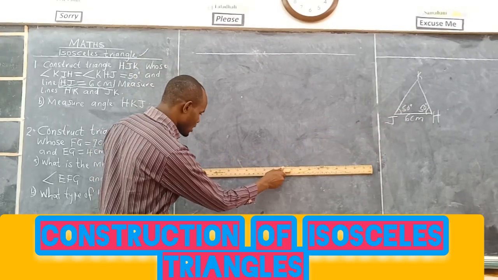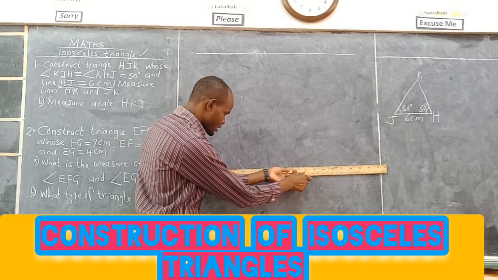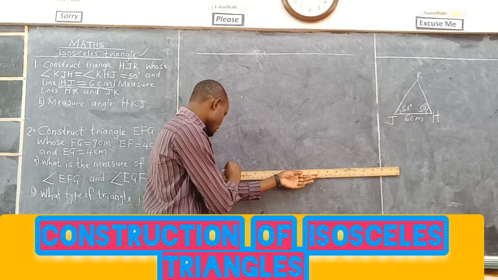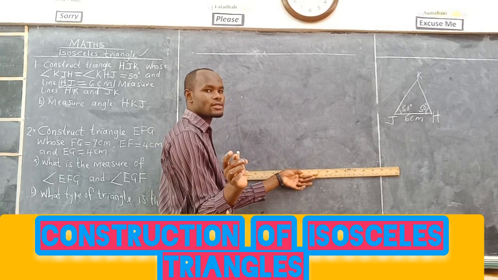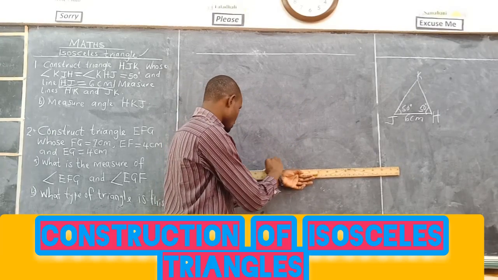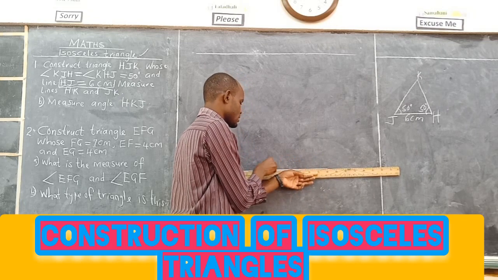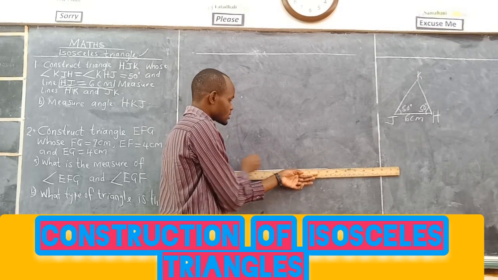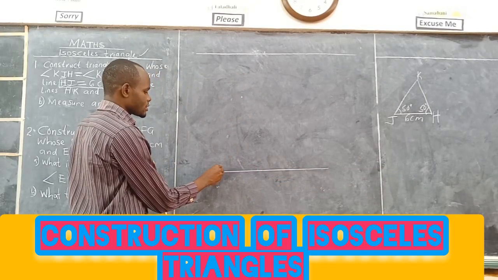Let us move together, my friends. Measure this at the center of your page so that you can draw the others at the top. So you draw a line which is 6 centimeters, like that. Wonderful. That is 6 centimeters.